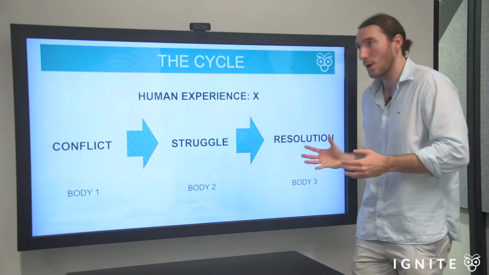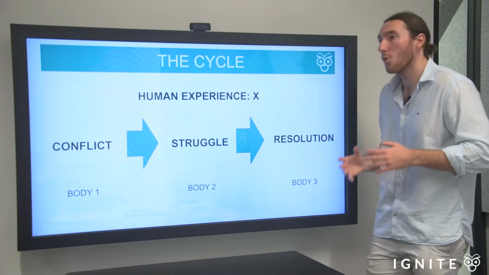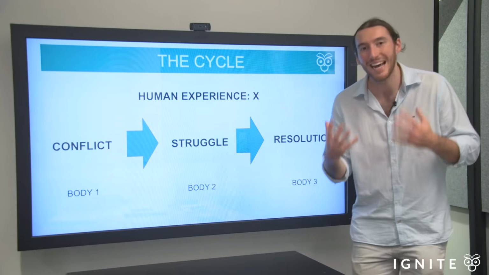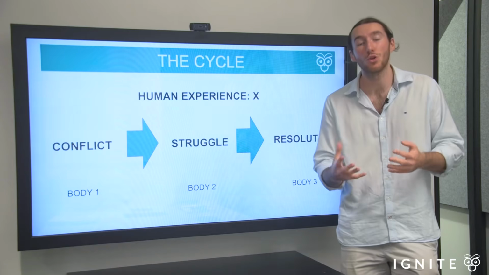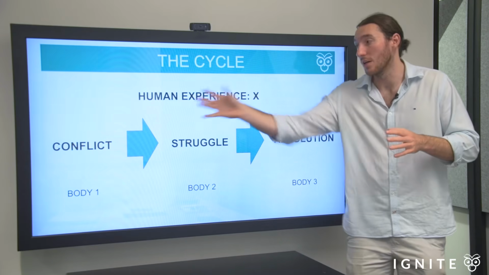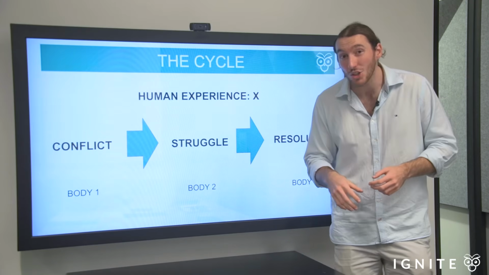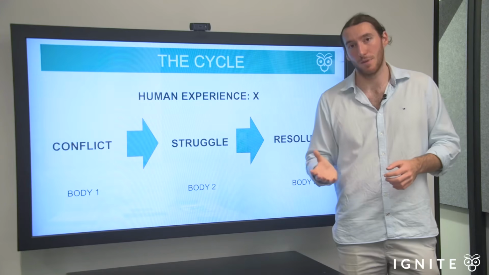And then in the last body paragraph, body number 3, we're going to be looking at what the text presents as a potential resolution. What is a solution to the problem that we've established with this particular human experience?